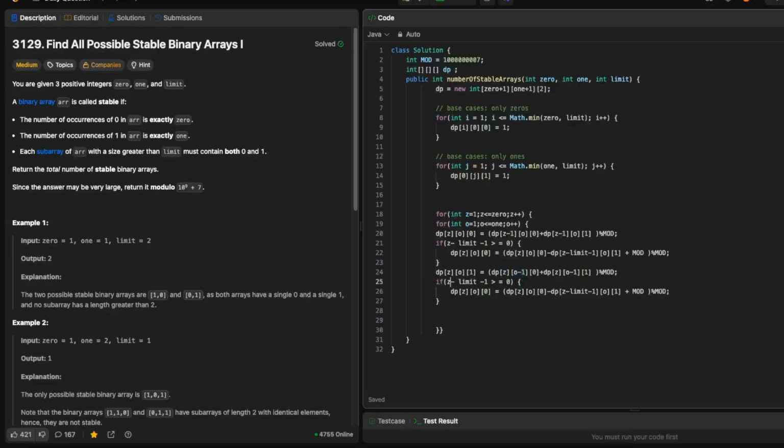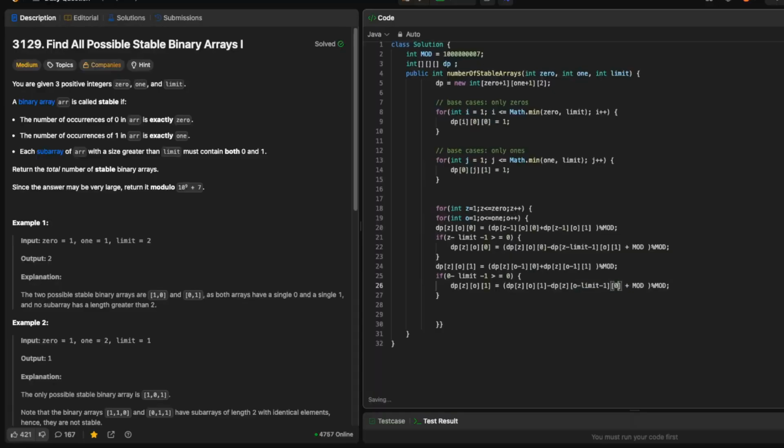So z minus 0, it's ending with 1, and it's ending with 0. So this is the one.